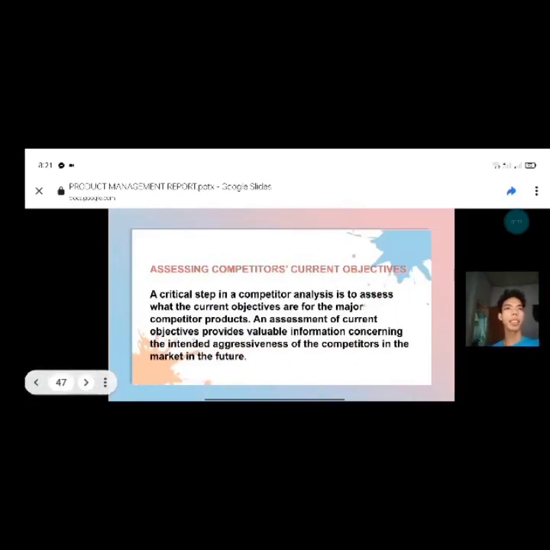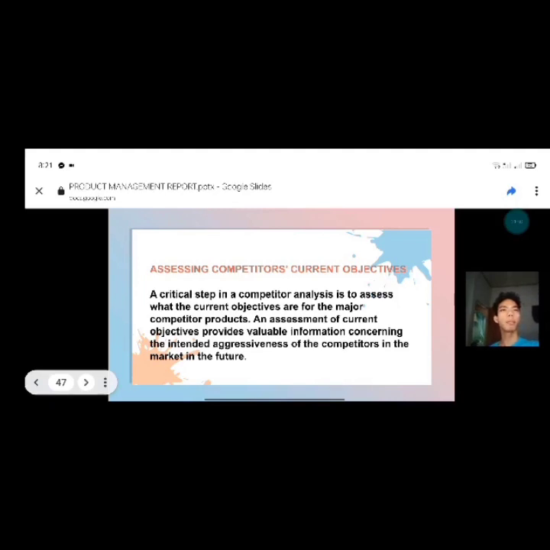The next is assessing competitors' current objectives. The critical step in competitor analysis is to assess the current objectives of the major competitor's product. An assessment of the current objectives provides valuable information to determine the aggressiveness of the competitor in the market in the future.